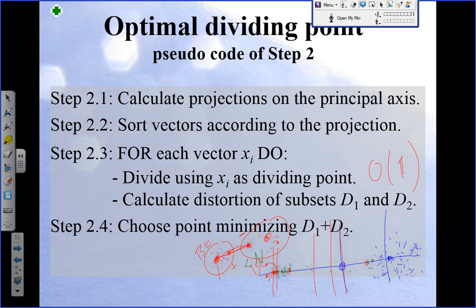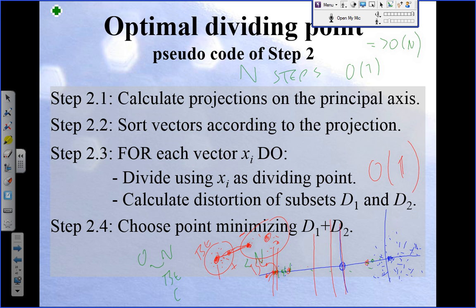So all I need to do, in fact I can start so that I have 0 points here and the n points here. So this is trivial to do because we already have the TSE here, we have the center of that one, and then moving 1 point at a time. So I will take n steps here, and at every step it takes order 1 time to calculate, so in total this will take order n time.